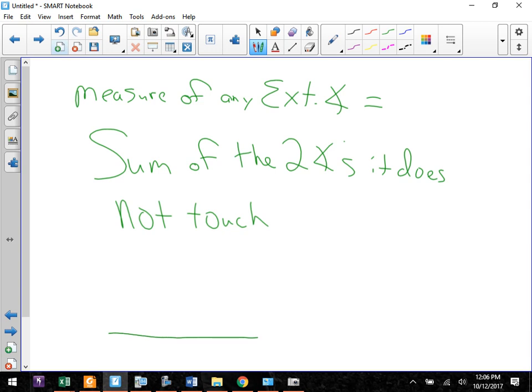Again, real easy example. There's my exterior angle. It touches its interior, which means it doesn't touch the other two. The exterior angle will always equal the sum of the two angles it does not touch. Always, always, always. Okay.